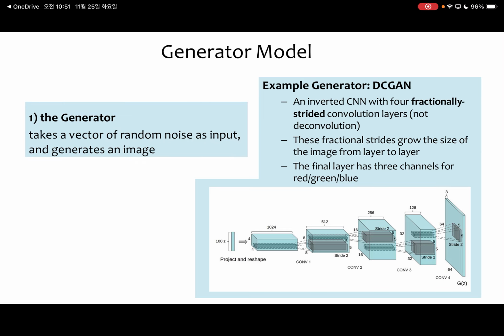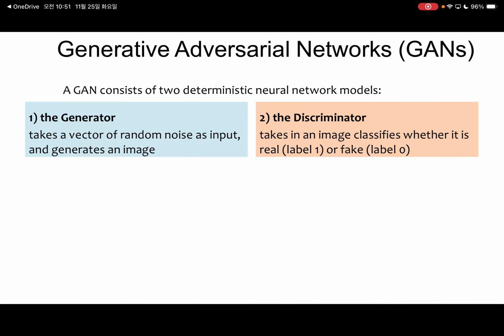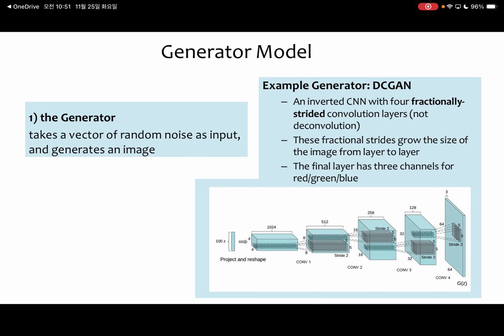One of the most pioneering works in GAN is DCGAN. As you can see, from a random noise vector, it applies fractionally strided convolution layers to upsample the vector to image space; this fractional stride grows the size of the image from layer to layer. And the final layer has 3 channels for RGB, right? Because the final layer should have an image representation.